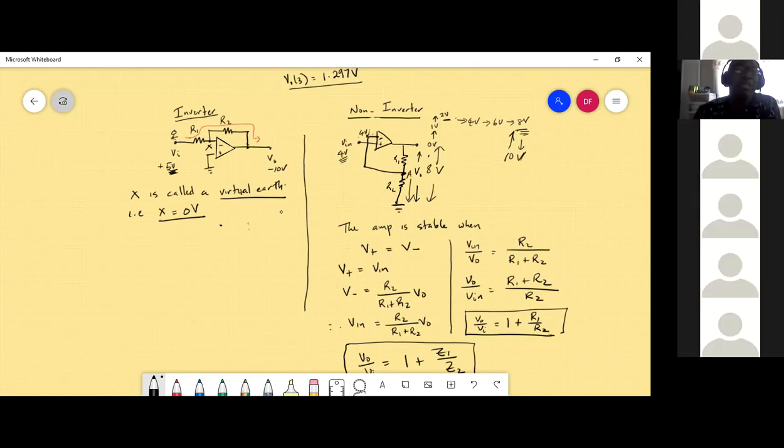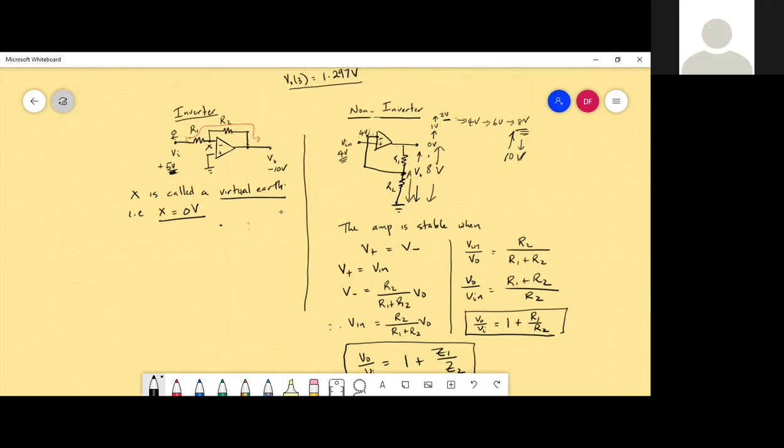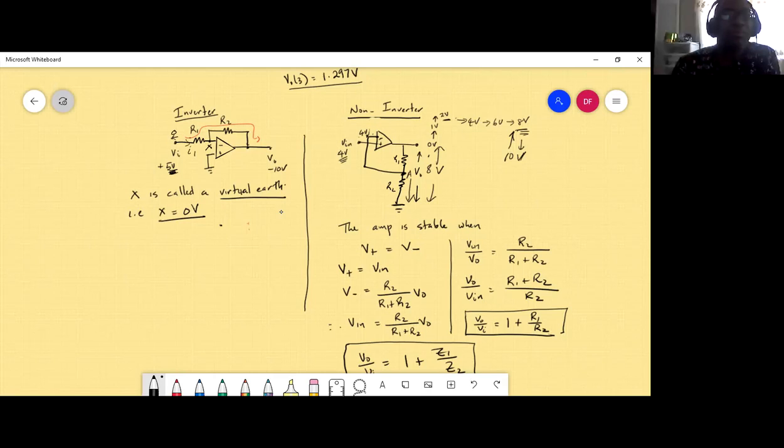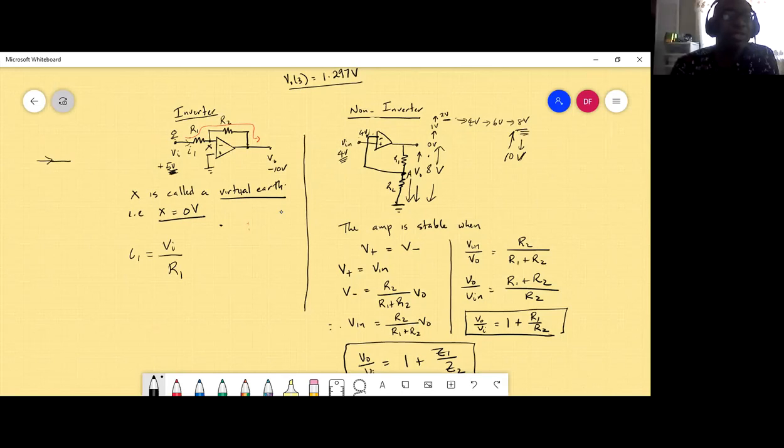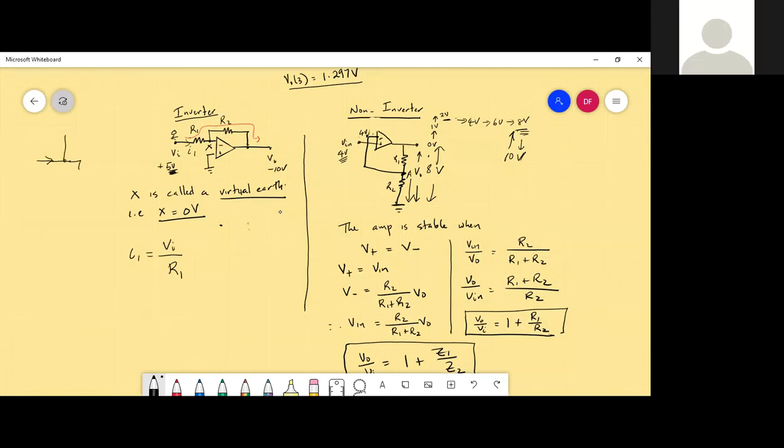And if I know the voltage across R1, then I can calculate the current through R1. So let me write down I1 here. I1 would be equal to the input divided by R1. Now, the next thing you're told about the operational amplifier is that it has infinite input impedance, which means an open circuit.